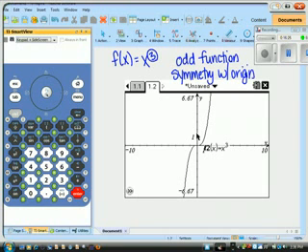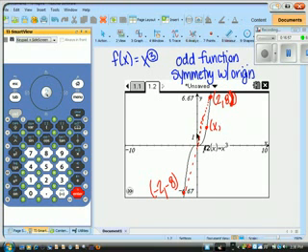All right, so what does that mean? Well, what it means is, for instance, the point 2 comma 8 is on the graph. If you plug 2 into x cubed, you get 8. Well, for it to have symmetry with the origin, if you reflect it in the origin, you'll have a point down here, negative 2, negative 8.